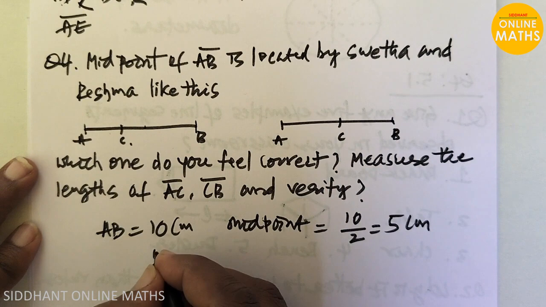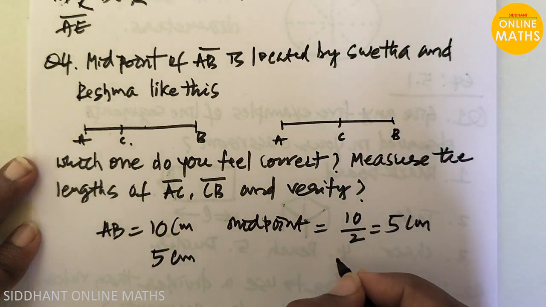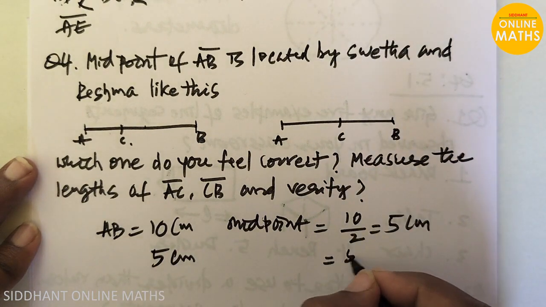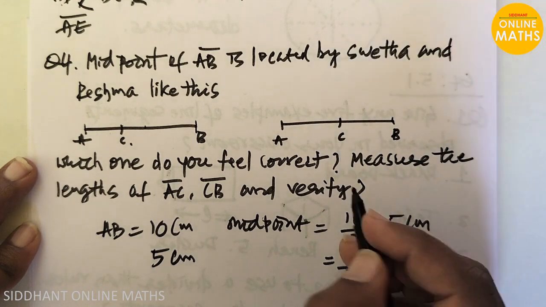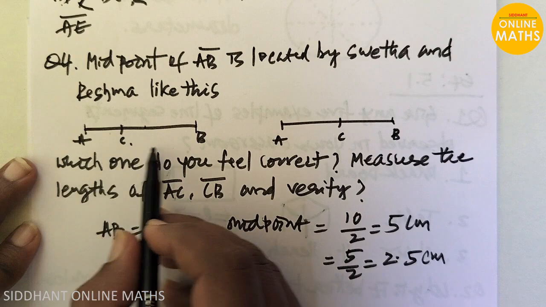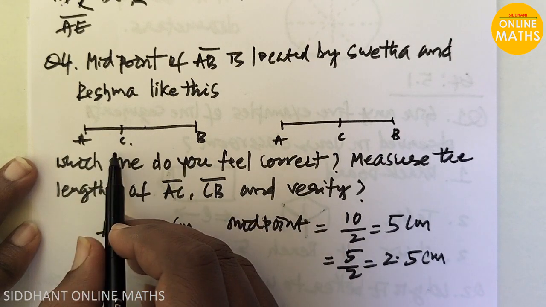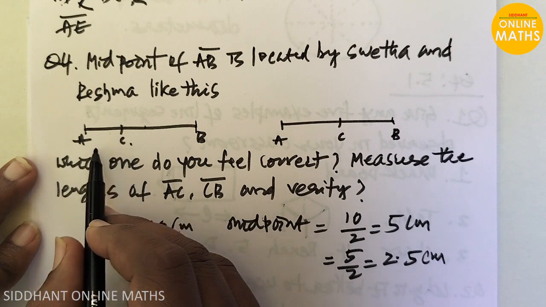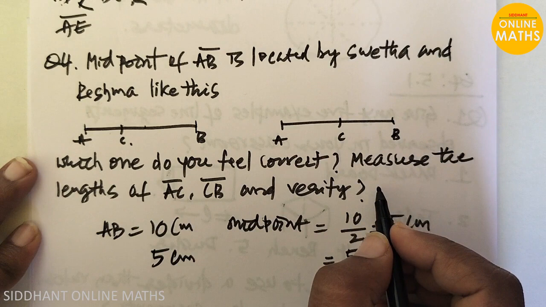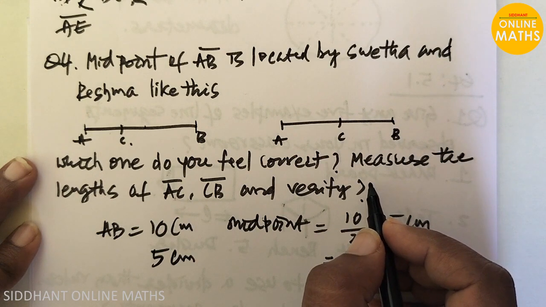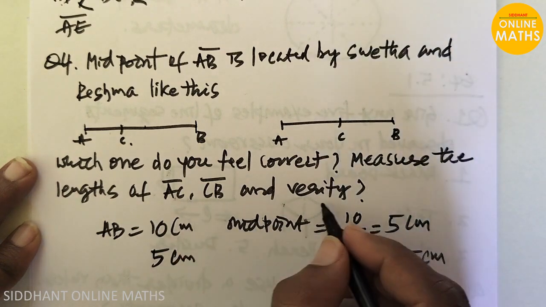If AB is 5 centimeter, then midpoint will be 5 by 2, that means at 2.5 centimeter you are going to see point C here. So by measuring the length with a scale or ruler, we can understand the midpoint, and we can say whether the midpoint of a particular line segment is correct or not.